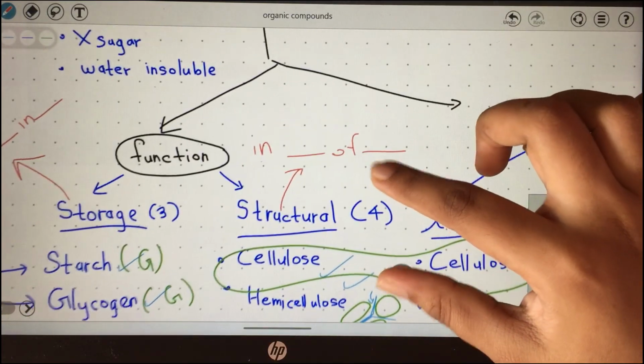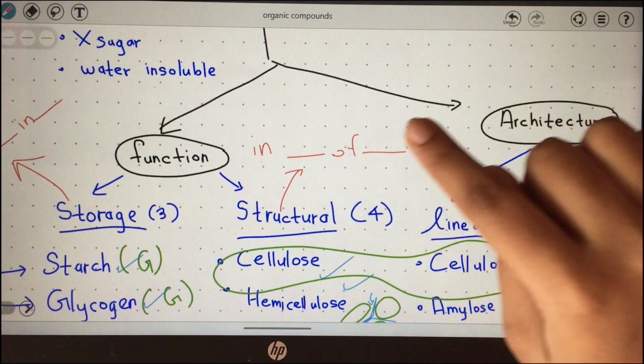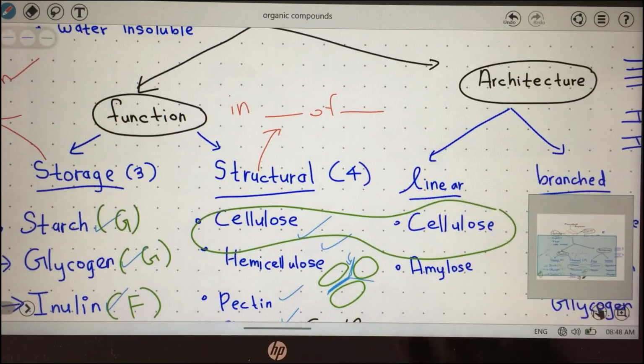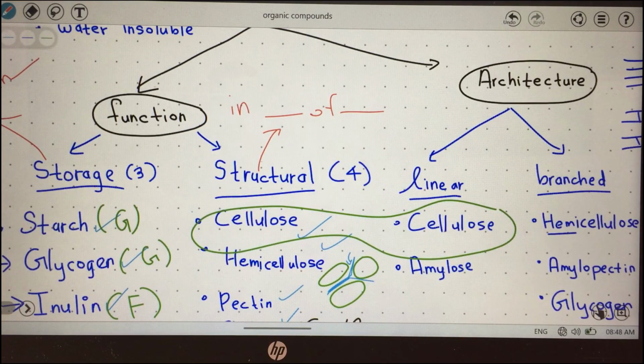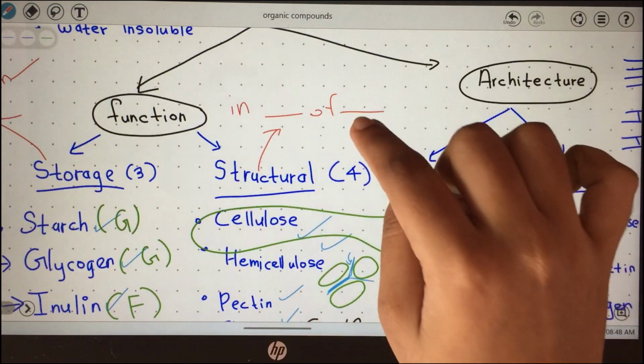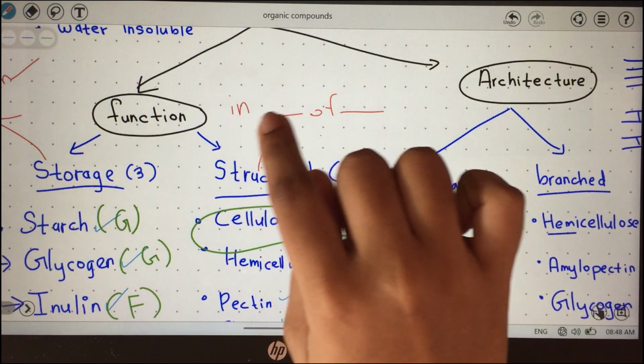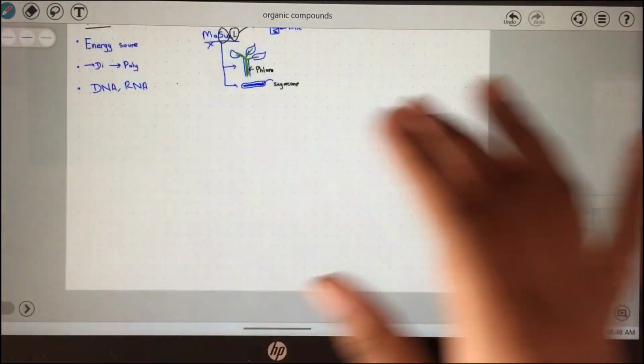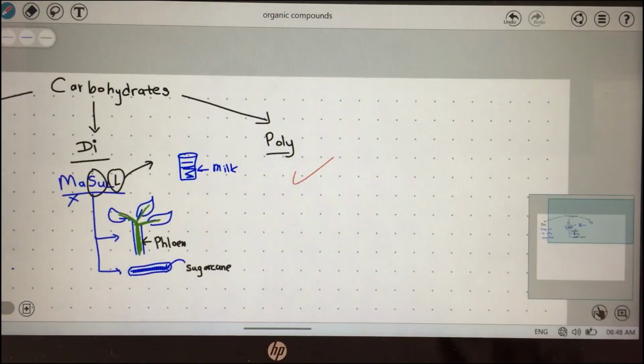Then pectin in the middle lamella of plant tissues. Where is it found? Okay, if you put it in this format, you can score all the marks. Then chitin in the cell wall of fungi and in exoskeleton of arthropods. Do you get the format? Okay, so now we are done with the polysaccharide also.